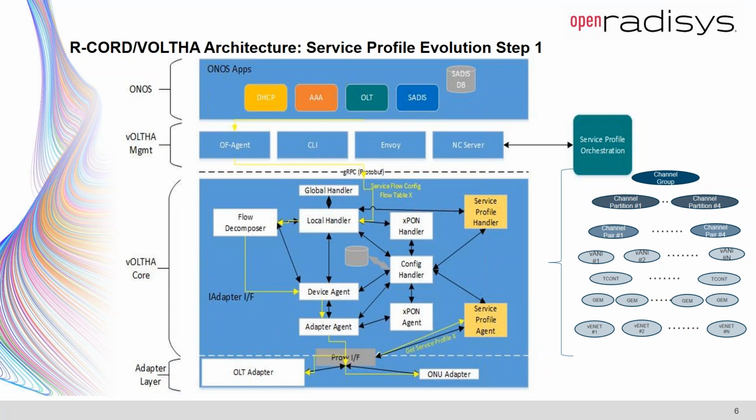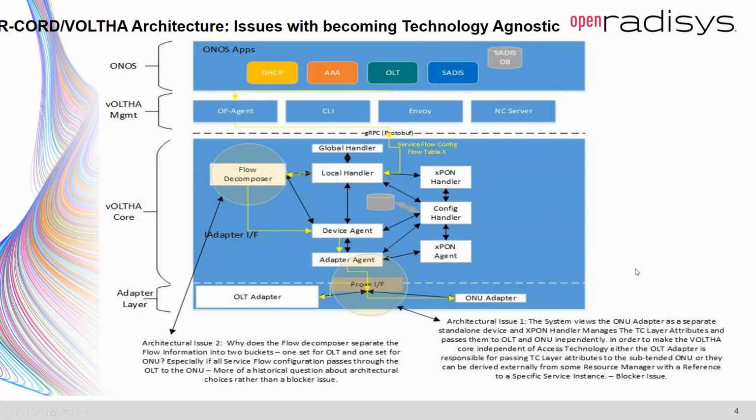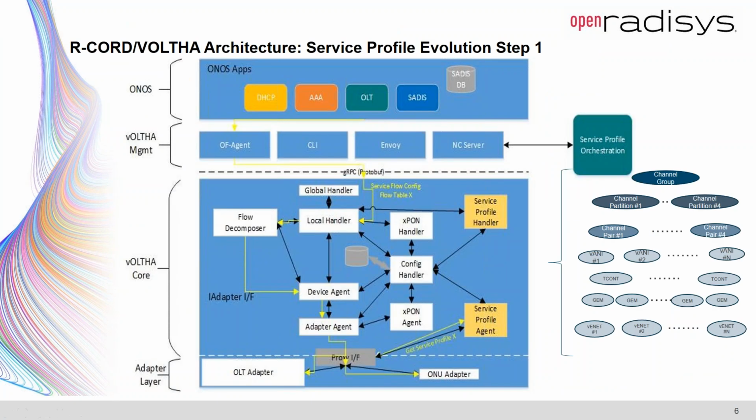So this was taking a step from this picture of the current model, and saying, well, if we wanted to move towards the service profile model where basically all the technology specific templates for the services are held in a service profile, and say the OLT is responsible for allocating TCON, alloc IDs, gem ports, ONU IDs, in that case, you could essentially just bypass the export part of this.